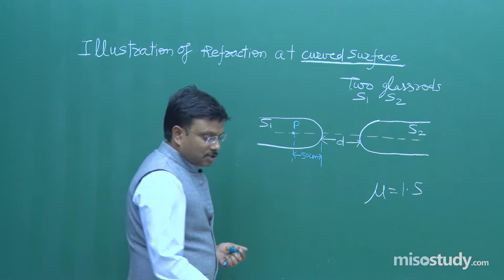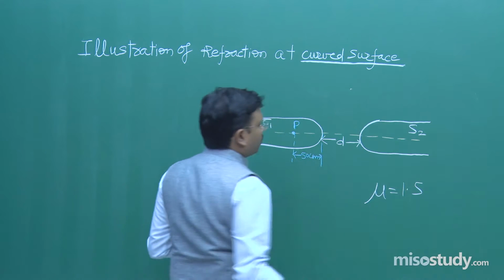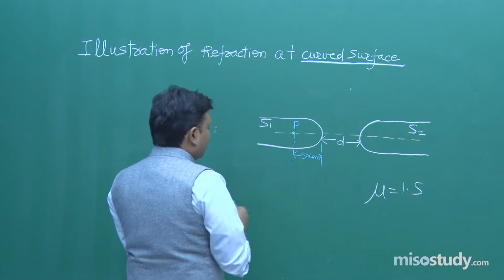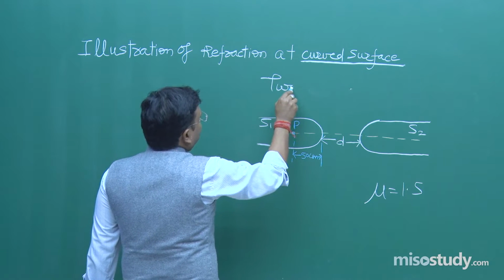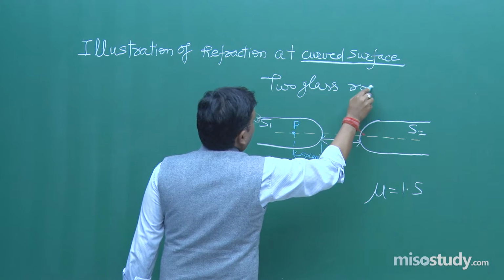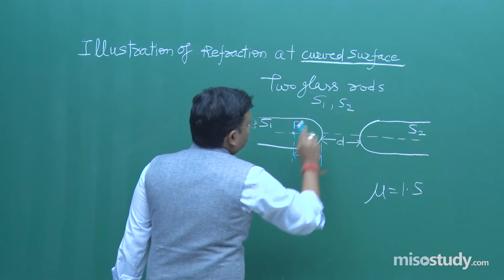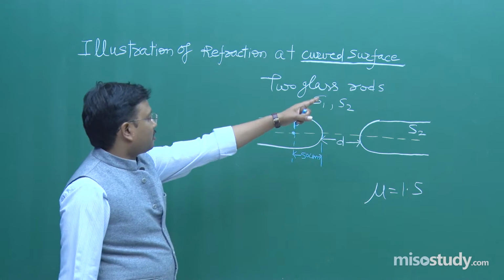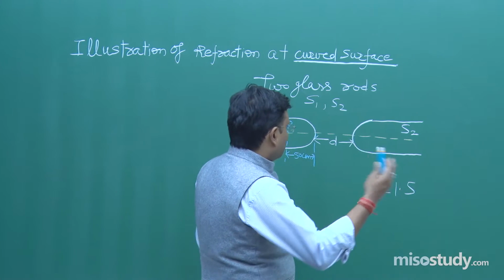I think I should write down this statement so that it is easier for you to understand. Two glass rods S1, S2. Now I will use that space to write down the statement of requirement.